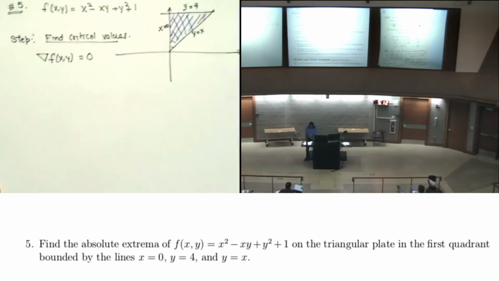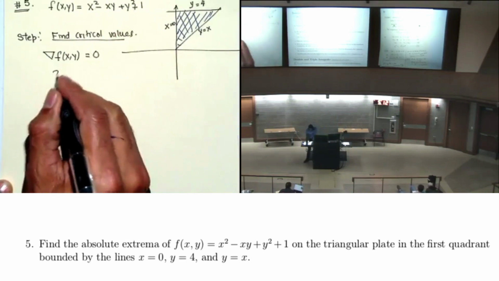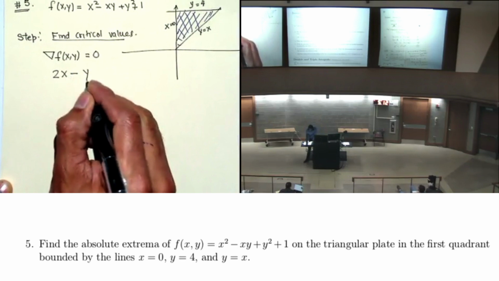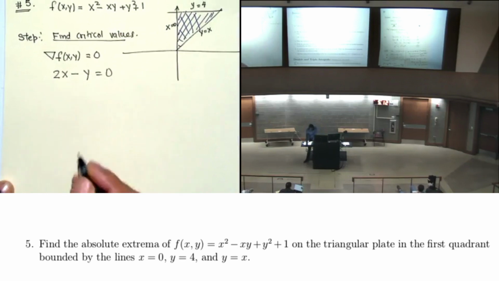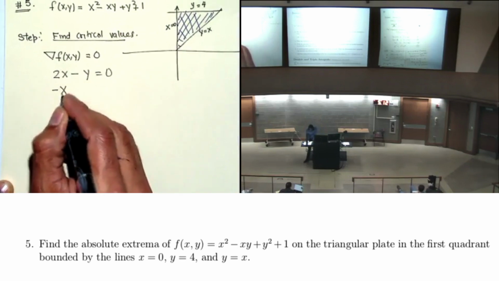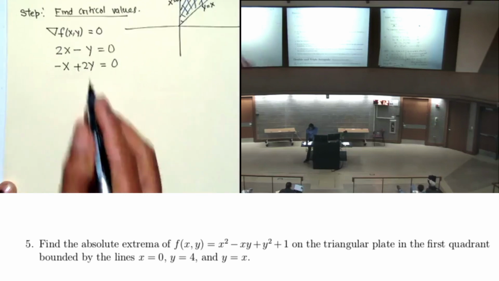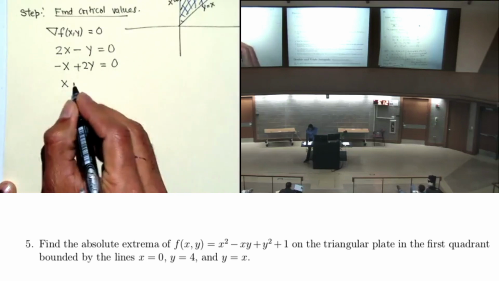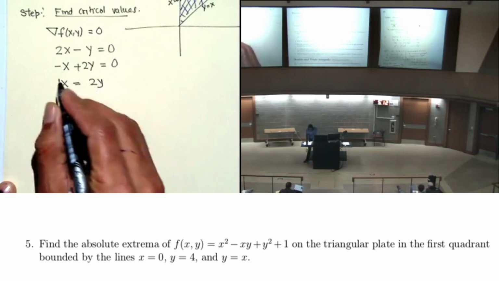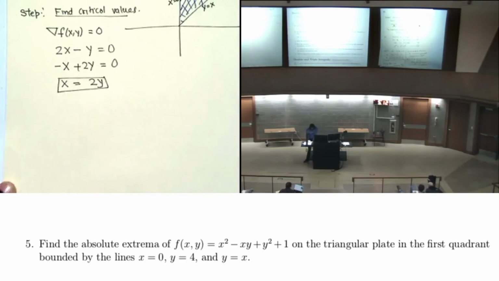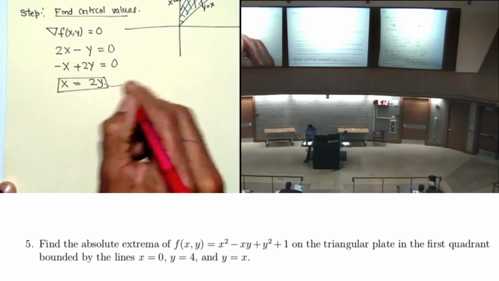So let's do that very quickly. The partial derivative with respect to x is 2x minus y equals 0, and the partial derivative with respect to y is minus x plus 2y equals 0. So if I solve this for x, x is equal to 2y. This is one equation, and I plug that back into the first one.